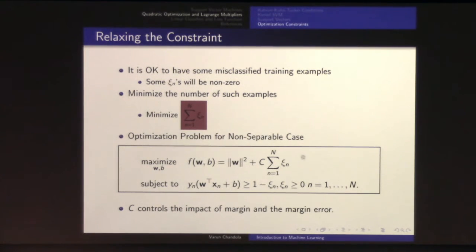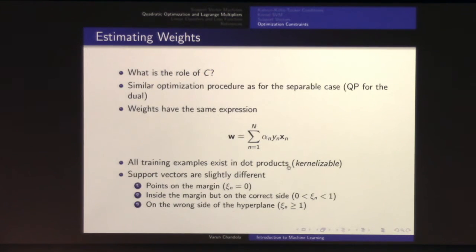You introduce n Lagrangian multipliers, which are alphas, convert it into a dual formulation, solve for alphas, and then you get your weights. The weight will just be like this. So it is very similar to the separable case. All of your x's will still occur as inner products, which means you can still use your kernel methods.